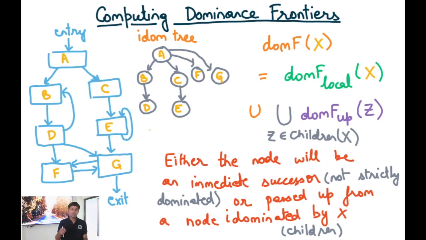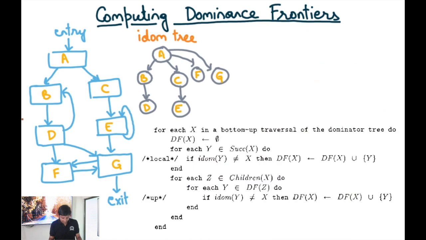And if I don't strictly dominate them, then they become a part of my dominance frontier. So either the node will be an immediate successor, not strictly dominated, or passed up from a node immediately dominated by X, one of the children in the dominator tree.